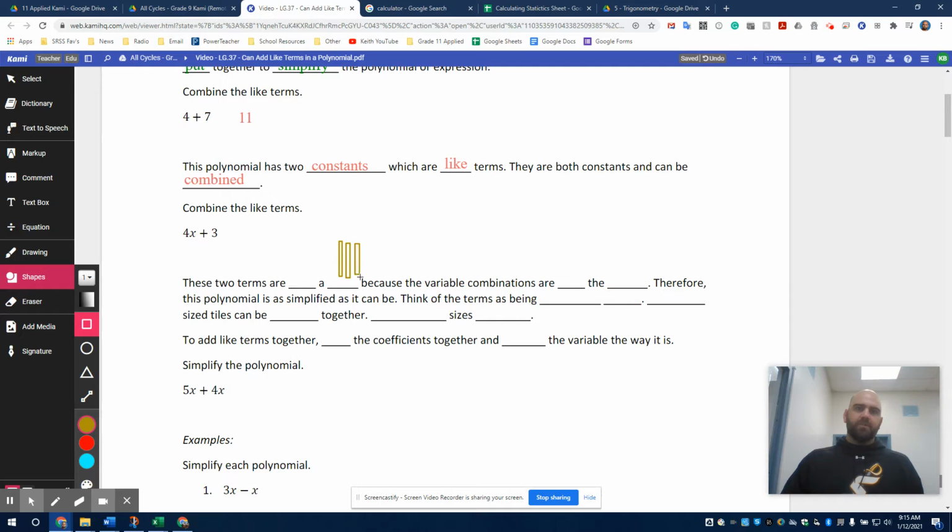I'm going to do a terrible job of drawing it, but we can visualize these rectangles. We have 4 rectangles which represent the 4x, and the 3 represents 3 little squares.